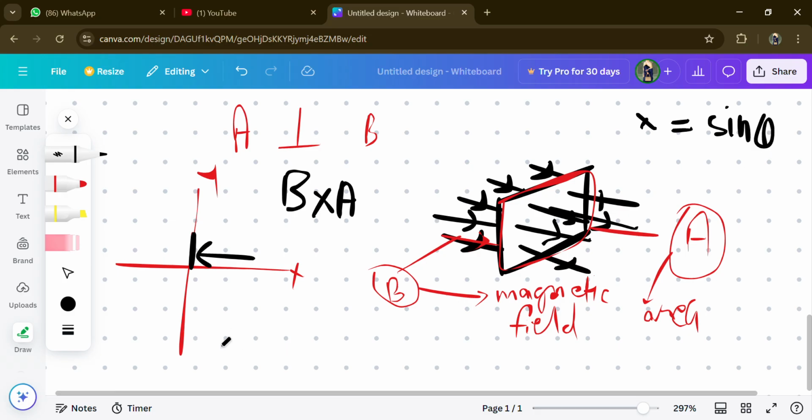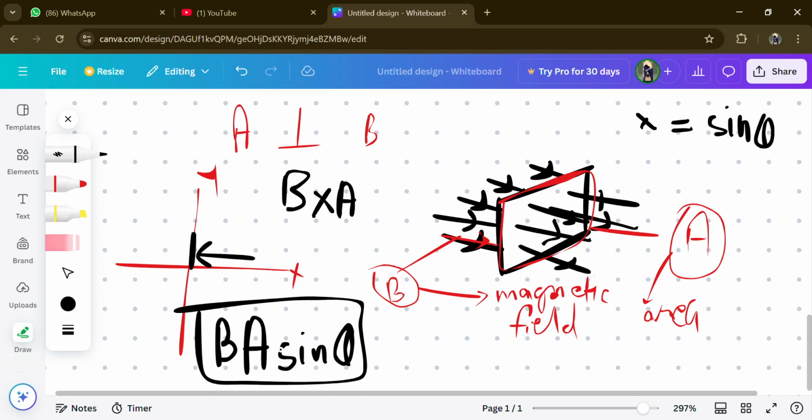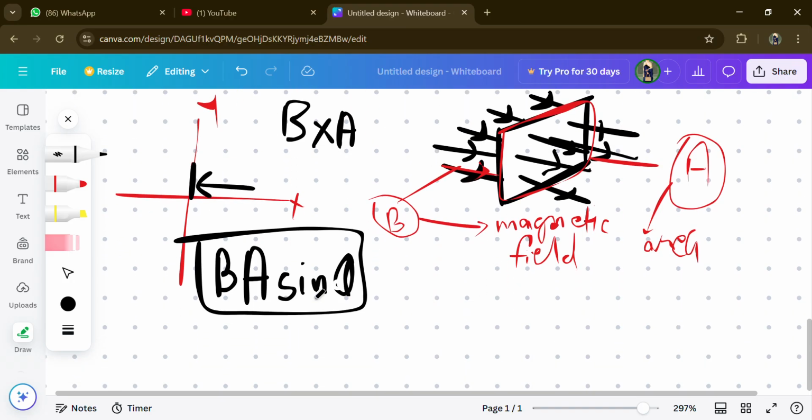That probably means that B is something having a magnitude with reference to the area that has an angle, sine theta. This is the formula of magnetic flux. A little bit surprised? Well, it's nothing to be surprised about. We have gone through all the concepts.